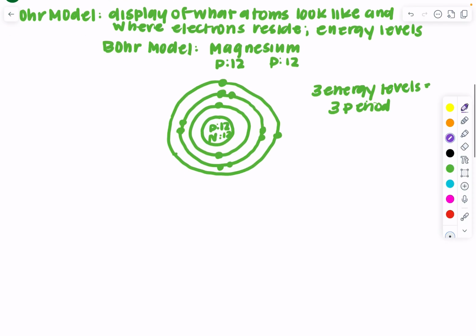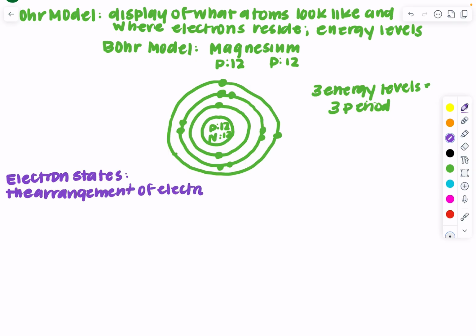Right now we're going to talk about the idea of electron states, or states of the atom in which the electrons are arranged. If we're talking about an electron state or a state in general, this is the arrangement of electrons around an atom's nucleus.